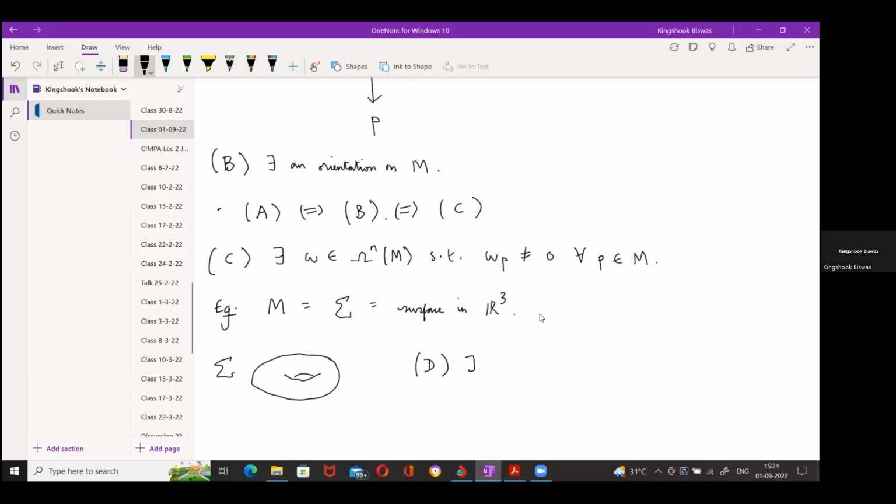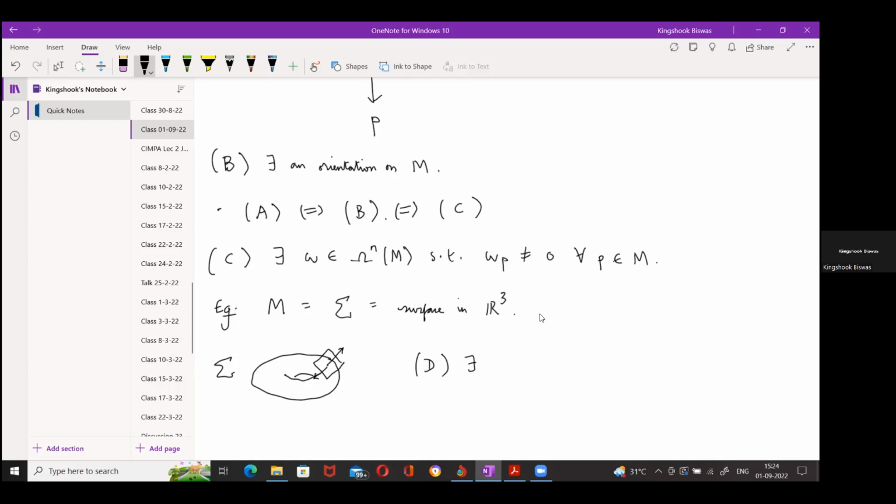At each point, the tangent space is two-dimensional in R3, so the orthogonal complement is one-dimensional. So at each point, there are two unit normal vectors, and I have a choice of two.